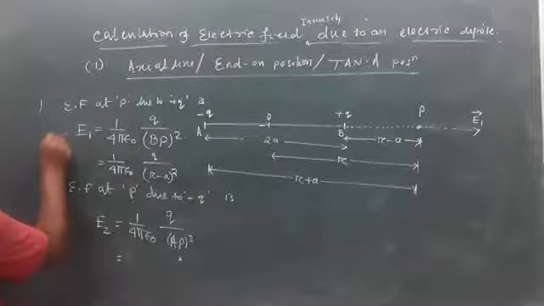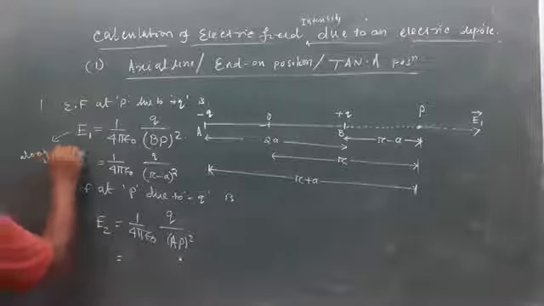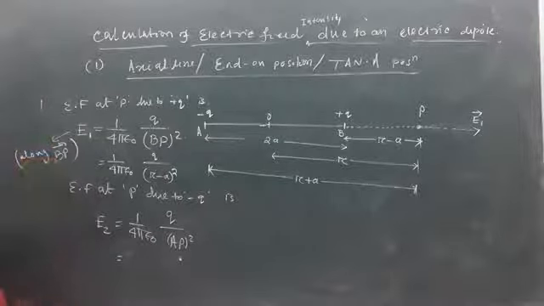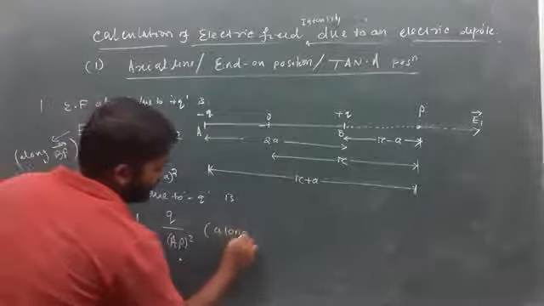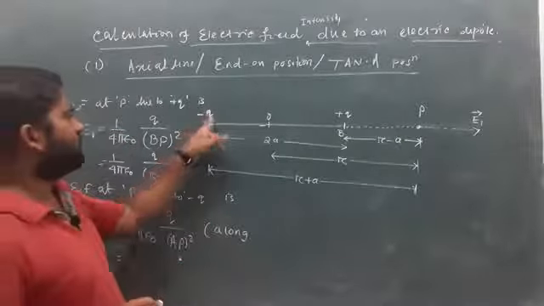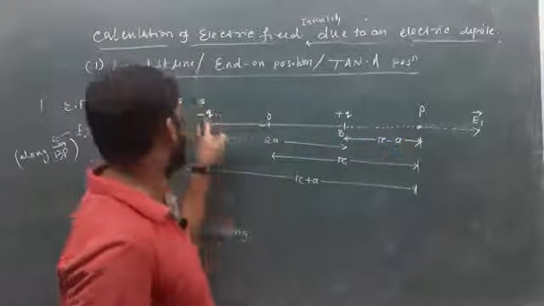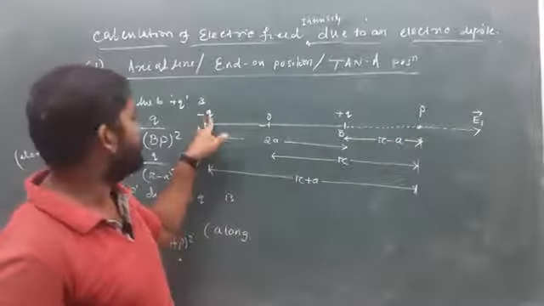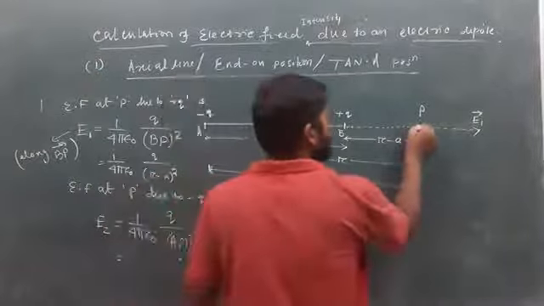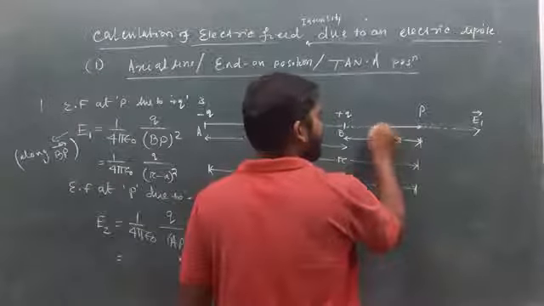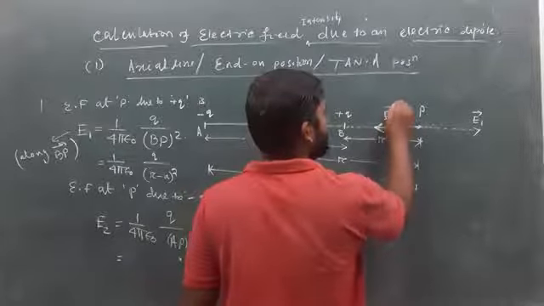Now its direction is along this direction. This one is negative, and we are finding the field at point P because of this negative charge. Negative means it will experience an attractive force, so the direction of the electric field is towards the negative charge. This will be the direction of the E2 vector.